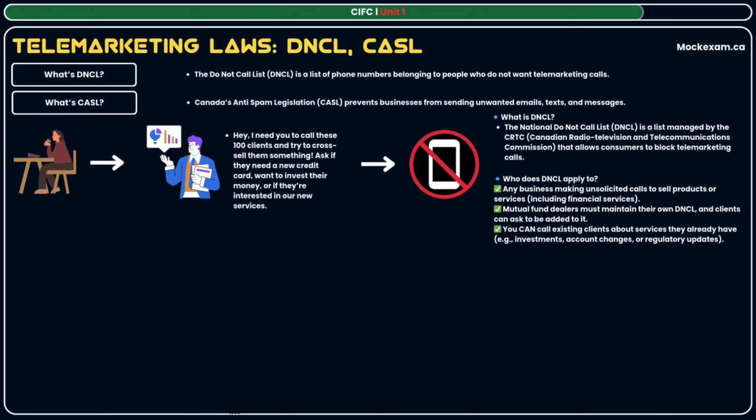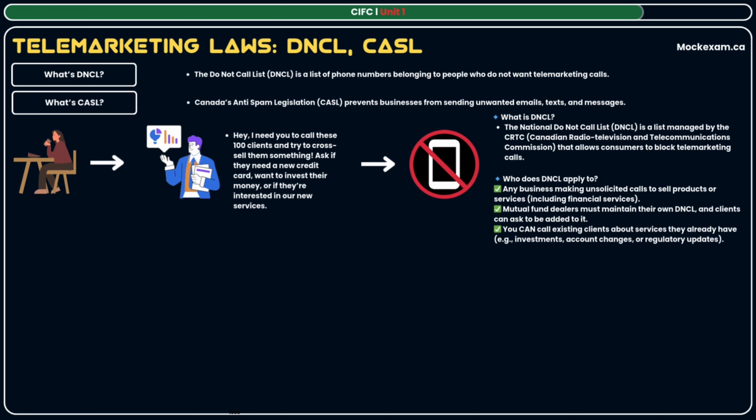You, as a mutual fund sales rep, can call existing clients about services they already have, for example, investment or account changes or regulatory updates, something related to your client's account. Even if your client is on the DNCL list, you still can call them, because you're not calling to cross-sell something, you're just giving them an update about their account.